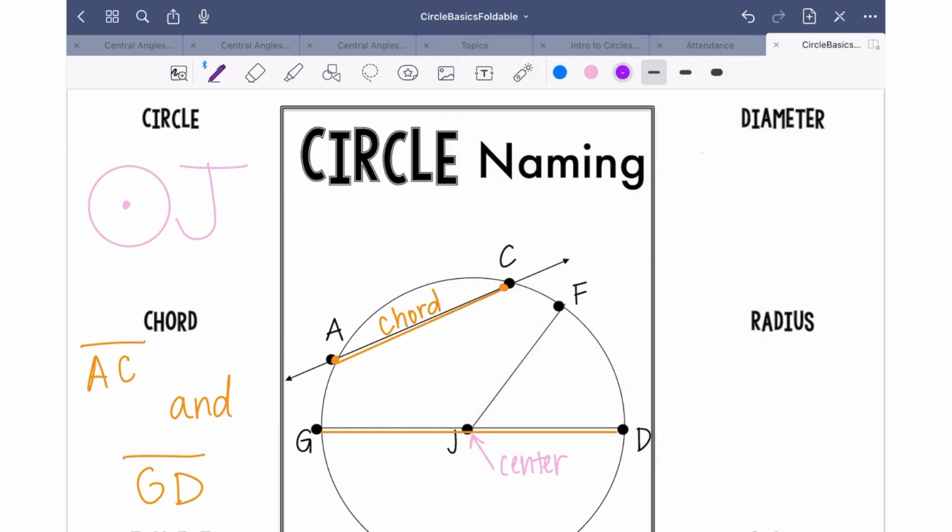A diameter is a chord, but it goes through the center. So that's the only difference, the diameter is a chord, but it has to go through the center. So this is my diameter. So that is segment GD again.